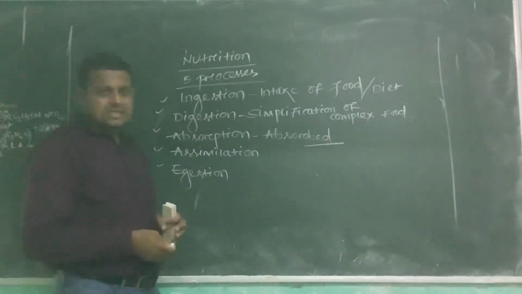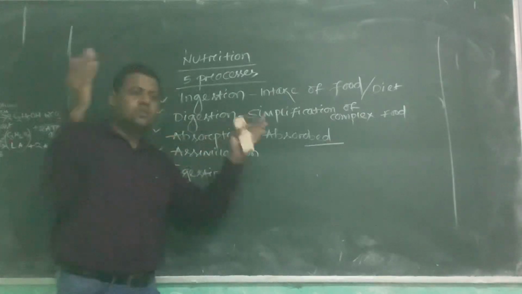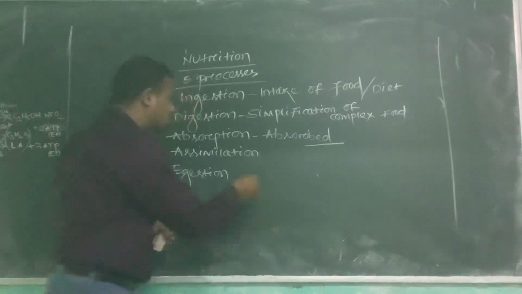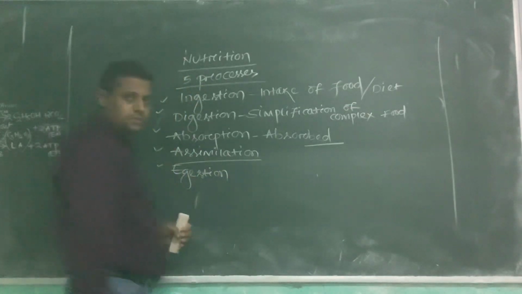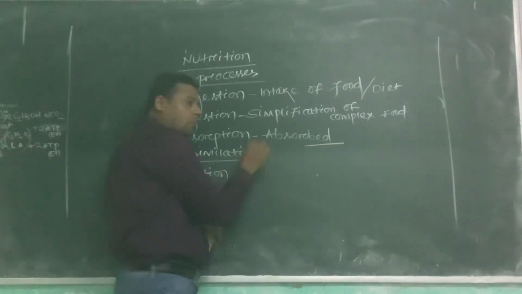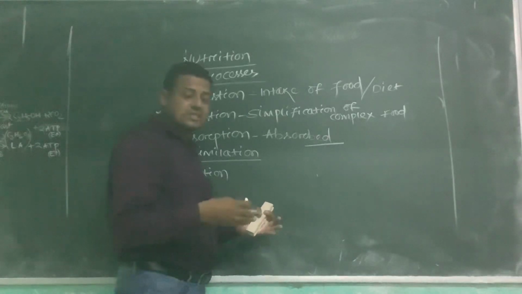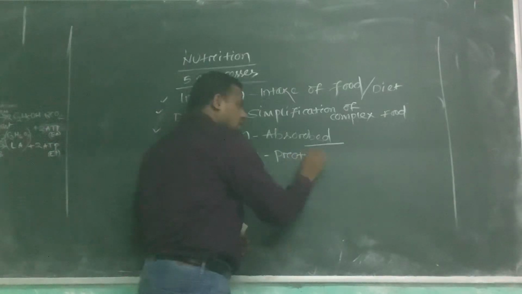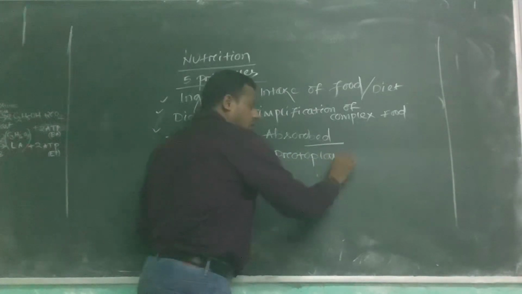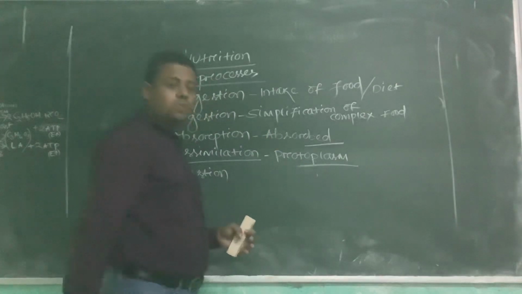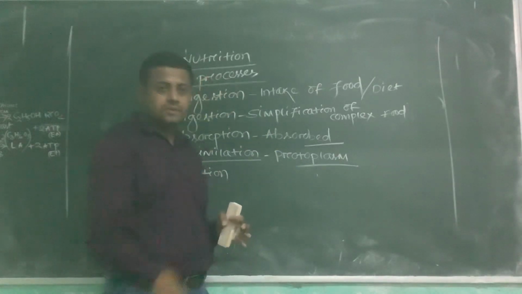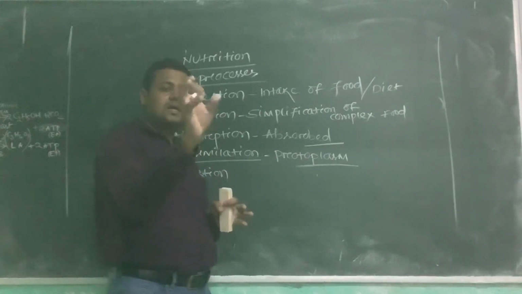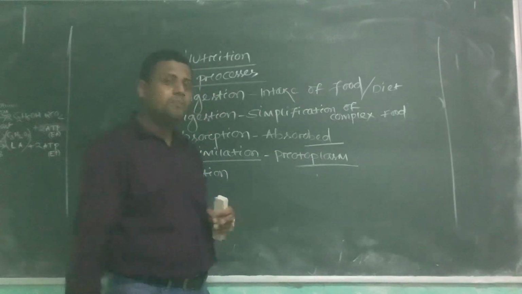Through blood circulation, the simple food materials are transported to the different cells or tissues of the body for the purpose of assimilation. The simple food components in different cells are converted into the protoplasm. You previously know protoplasm, that is the physical basis of life, surrounded by a cell membrane.